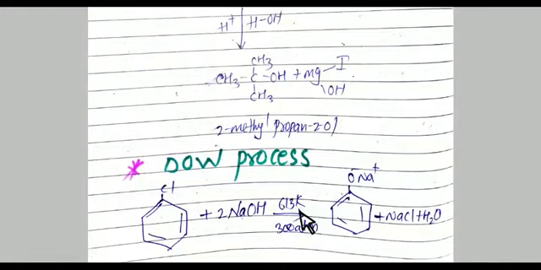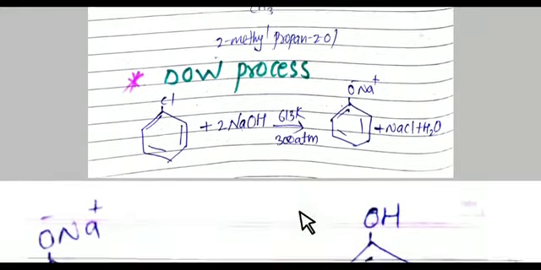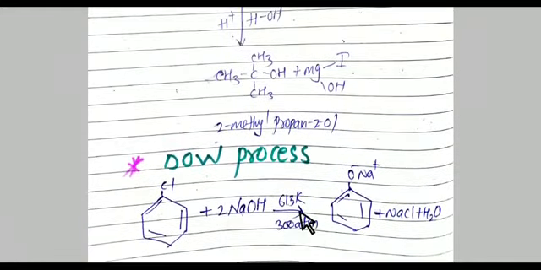Now the next question is the preparation of phenol from chlorobenzene. The process is the Dow process, and in this process chlorobenzene first reacts with a double quantity of NaOH, so chlorine reacts with Na, and oxygen and Na attach here.